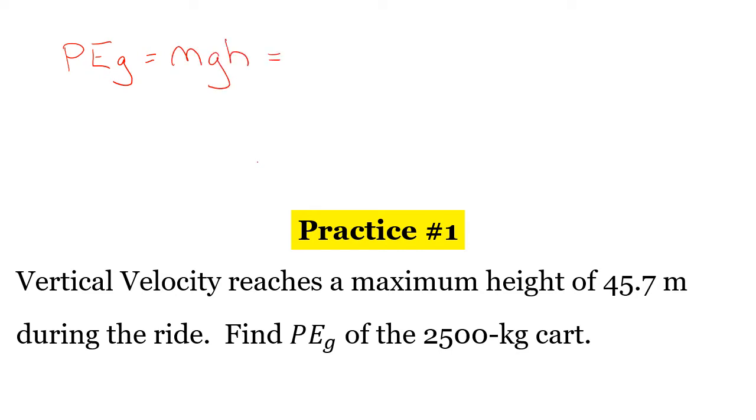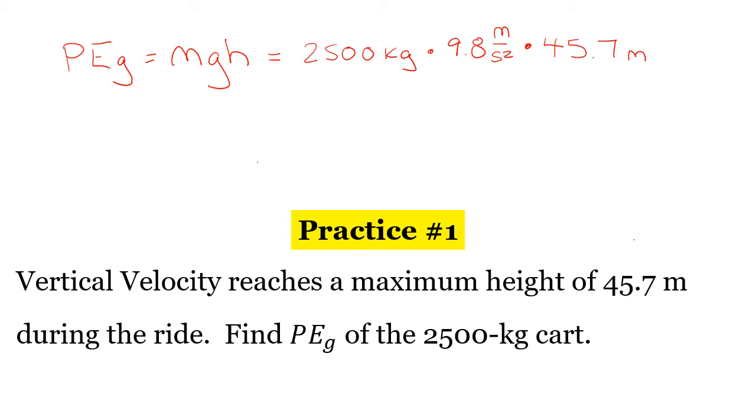So the mass of the cart is 2,500 kilograms. We're going to multiply that by 9.8 meters per second squared. And then we're going to multiply that by the height in meters, which is 45.7.